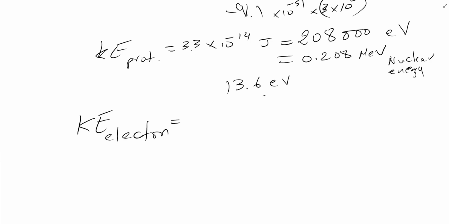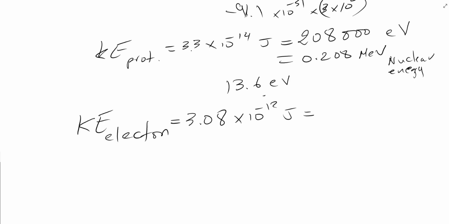So the number is going to be 3.08 times 10 to the negative 12, again in joules. We really need to divide it by 1.602 times 10 to the negative 19 to get the energy in electron volts.